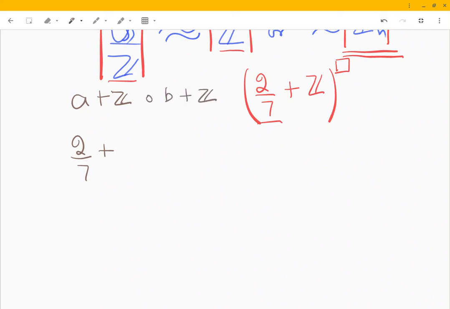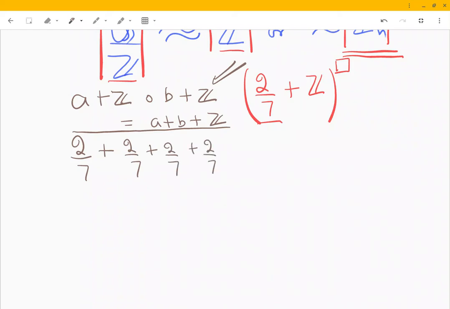This is the same as a plus b plus z. If you find this confusing, go back to some video of vector group and this thing will be pretty clear from there. So now 2 by 7 plus 2 by 7 plus 2 by 7 plus 2 by 7.